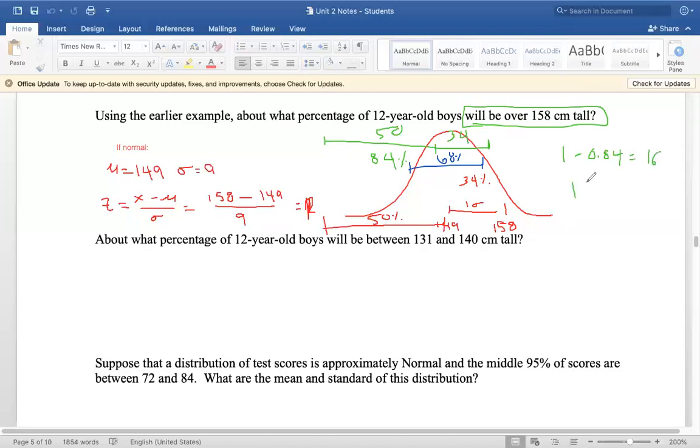So there's a 16% chance that a 12-year-old boy will be over 158 centimeters tall.